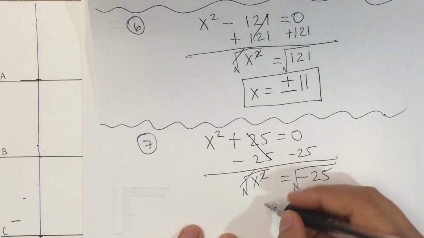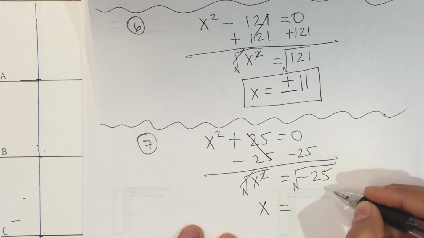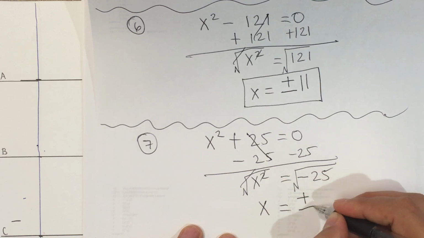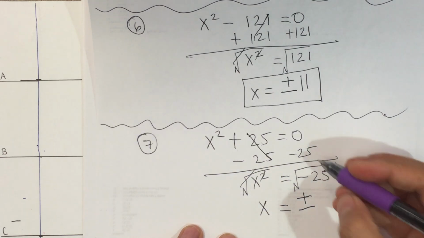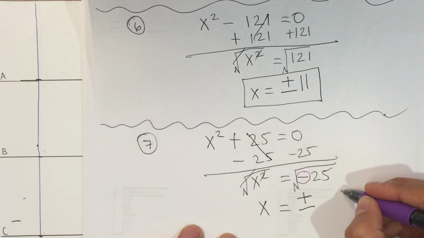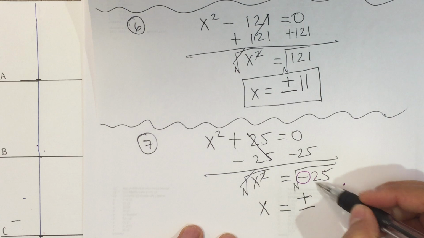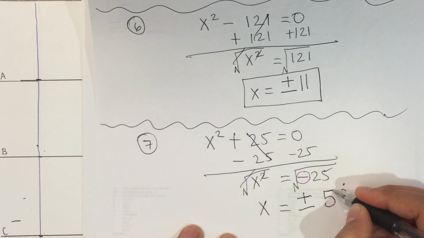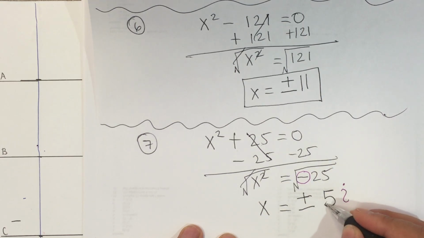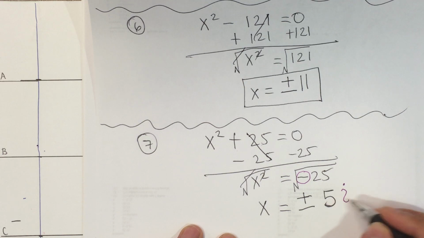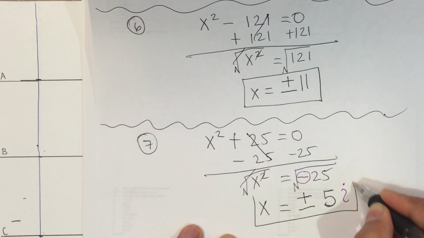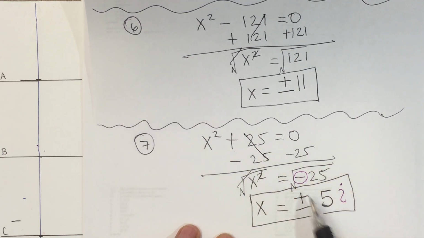This cancels, and so x equals plus or minus. This becomes an imaginary number, and the square root of 25 is 5. And remember that we always put the number first because it's a coefficient with its variable. Okay, so that will be the answer. Remember, anytime you have a negative inside of the square root, it simplifies as the imaginary number.